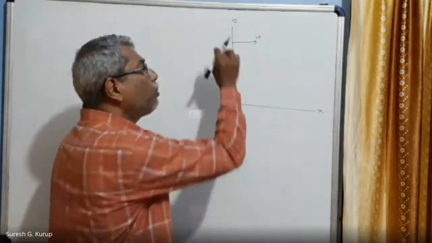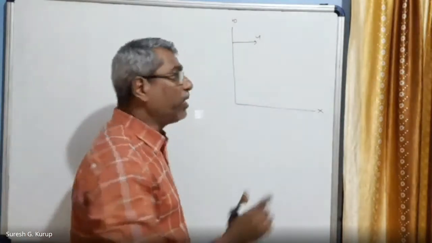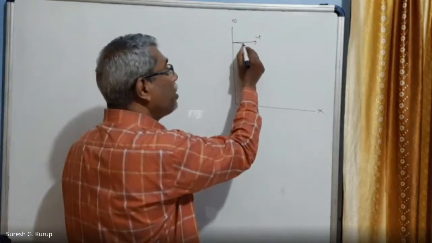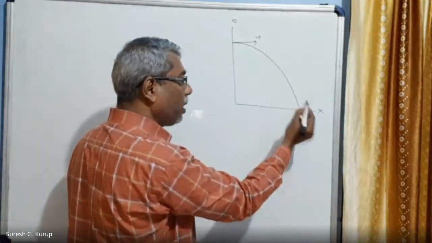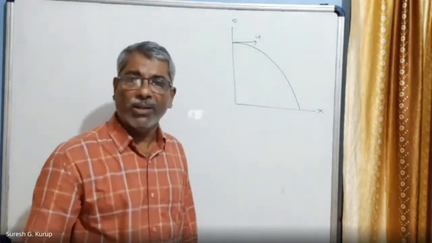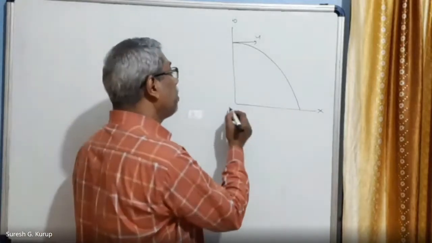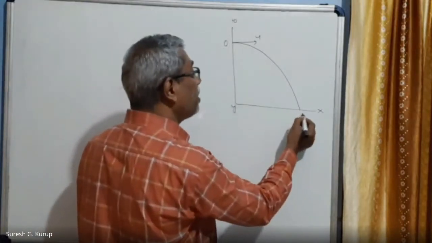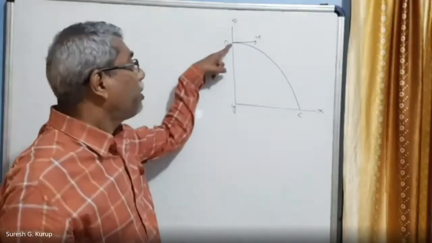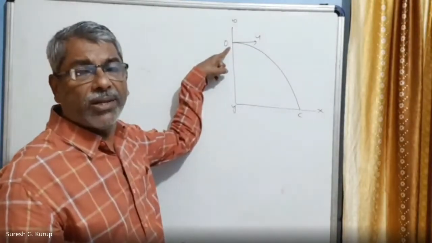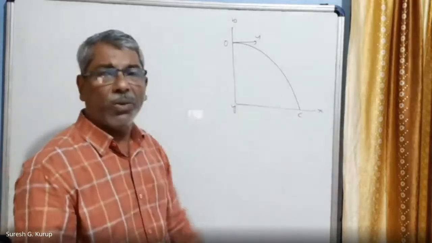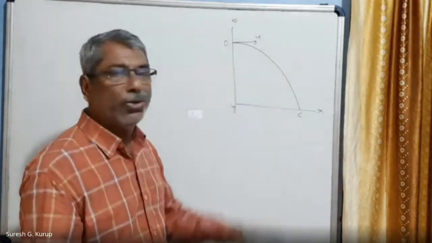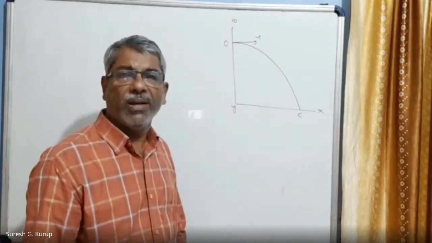So it cannot move along the direction of velocity. What happens? The body follows a curved, parabolic path like this, and falls at this point. Suppose this point is O, the origin. You are standing at this place and throwing a stone in the horizontal direction. This is called a horizontal projectile.